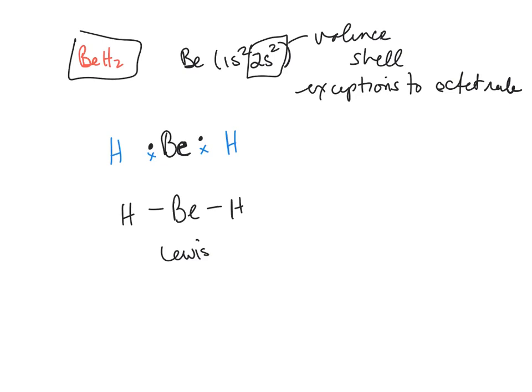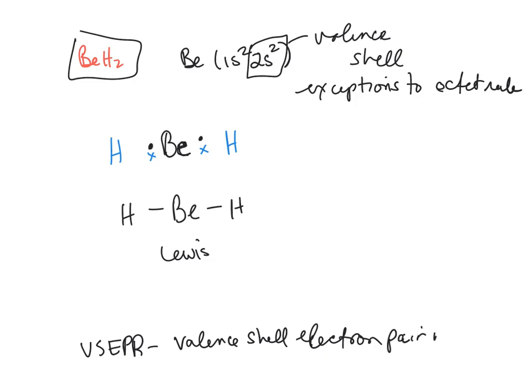And by the way, VSEPR, I've described it, but it stands for valence shell electron pair repulsion theory. So that's where the electrons are going to assume some geometry that will allow for minimum repulsions between the bonds.